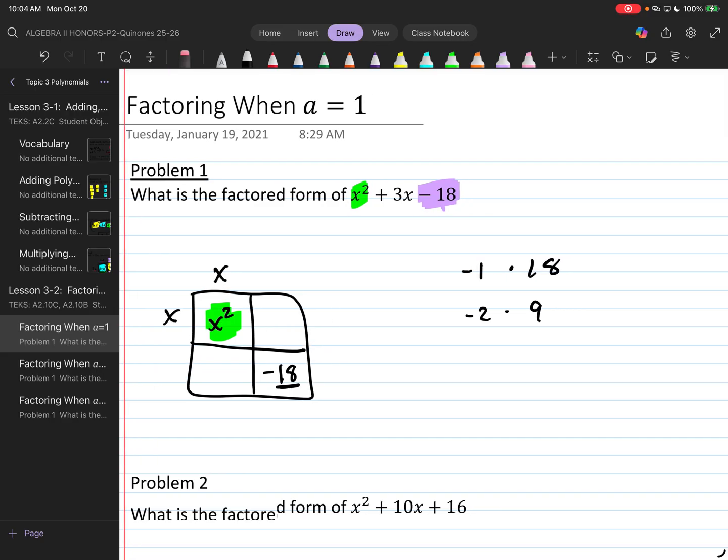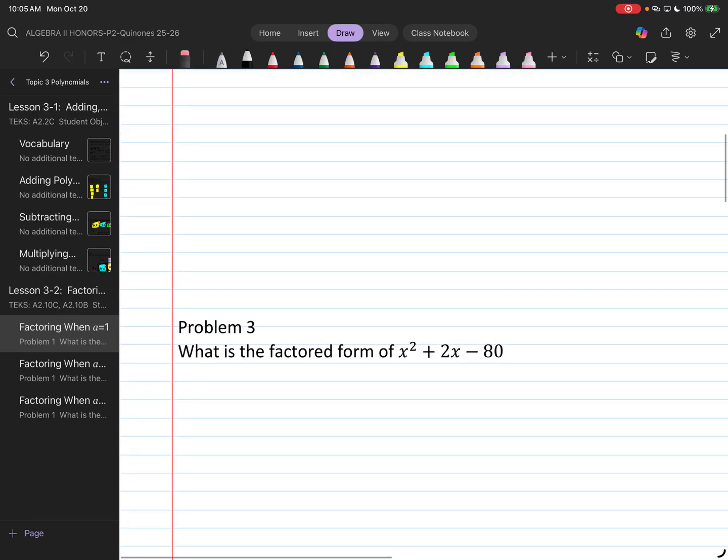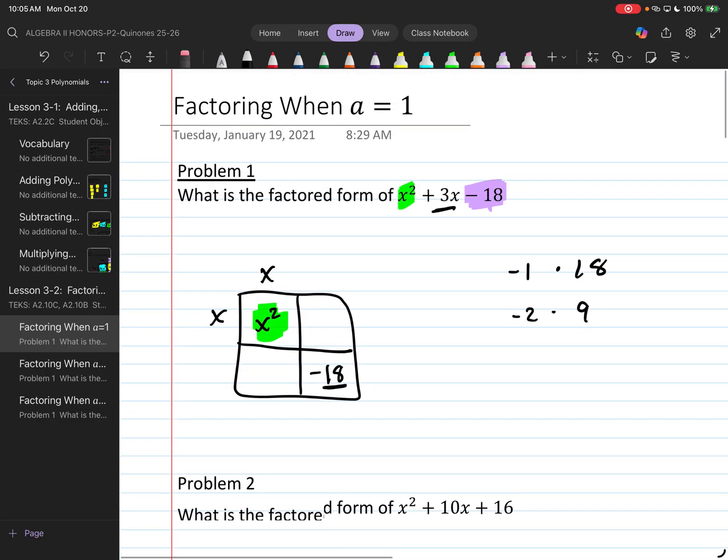But when they add up, I need them to give me positive 3x. Will it give me 3x? Hold up. I'm not sure if I have the right one. Oh, I'm sorry. There's one more factor. Negative 3 and 6.